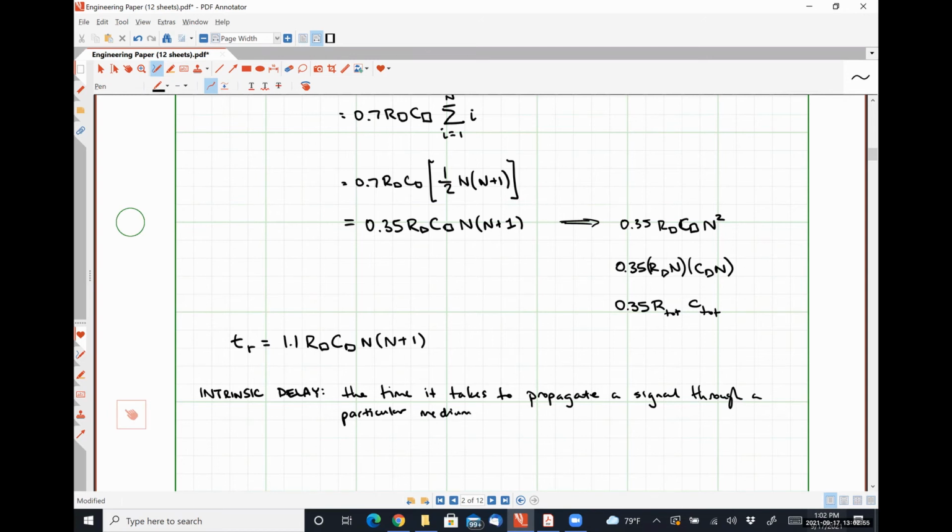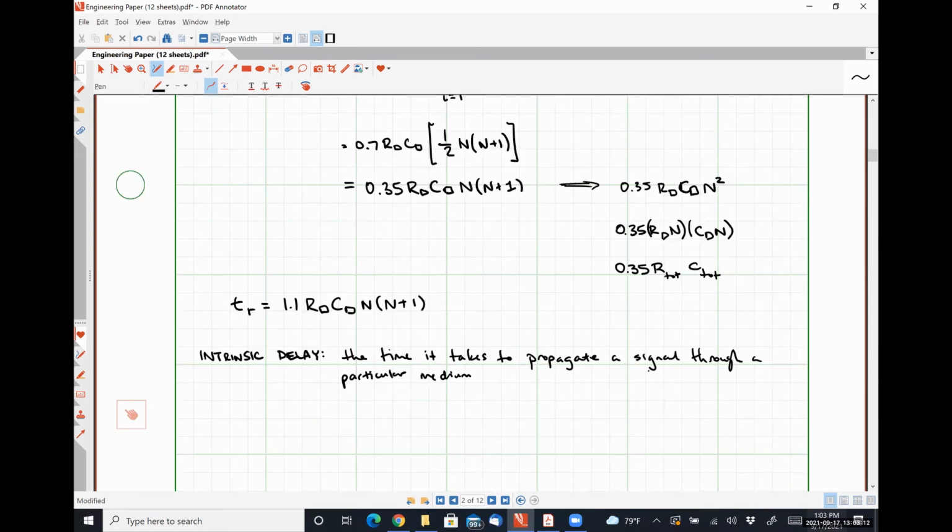medium, right? So what I mean by this is it takes a different amount of time to propagate a signal through a copper wire as it does through air, as it does through material with a high permeability, as it does through a material with a high permittivity, right?